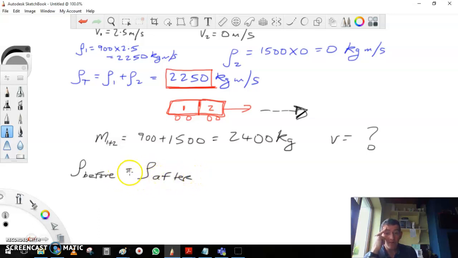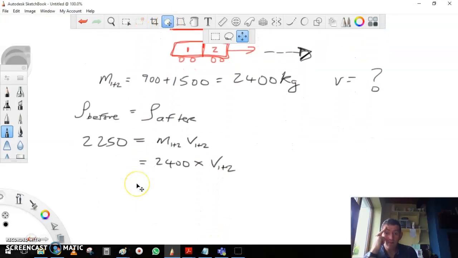So the total momentum before the collision was 2250, and that's going to be equal to the mass of 1 plus 2 times the velocity after the collision. The mass after the collision is just the mass of the two items added together, so that's 2400 multiplied by the velocity of the two items stuck together.